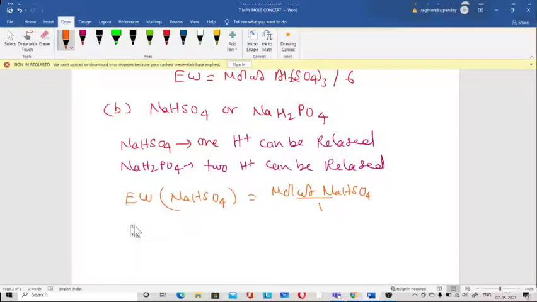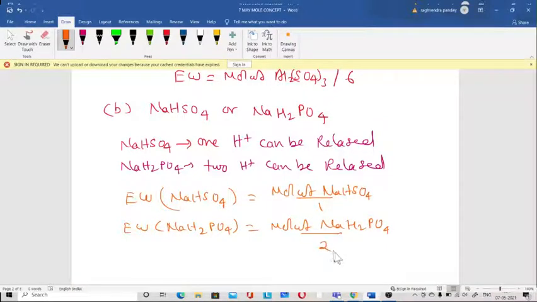The equivalent weight for NaH2PO4 is the molecular weight of NaH2PO4 divided by 2, because there are two replaceable atoms. You just have to learn the definition. No numerical comes on this.